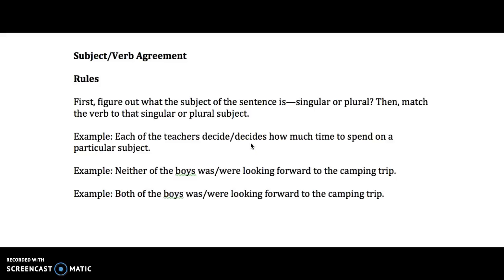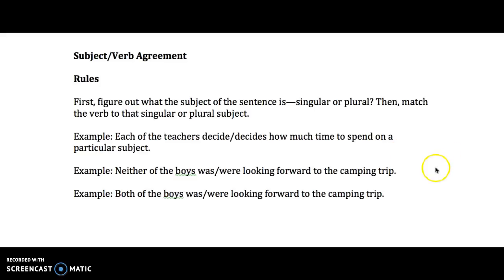So the correct choice here would be each of the teachers decides how much time to spend on a particular subject. It's a little tricky, isn't it? I mean, it's pretty easy when it's Bob. Bob decide how much time to spend on a particular subject? Well, that doesn't sound right. Bob decides. One Bob, and then we use the singular decide, singular form of the verb.